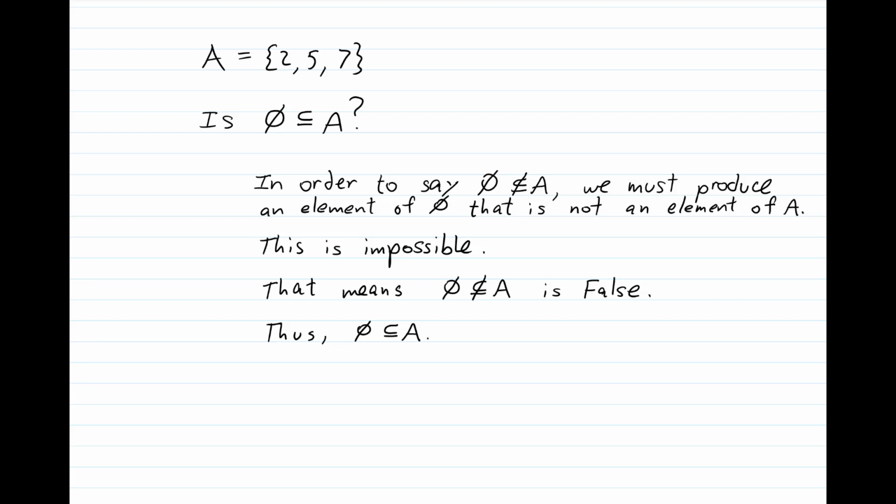And what we've done, let me actually take one step back. I'm going to erase that last sentence. And I want to write this. The empty set is not a subset of A is false.